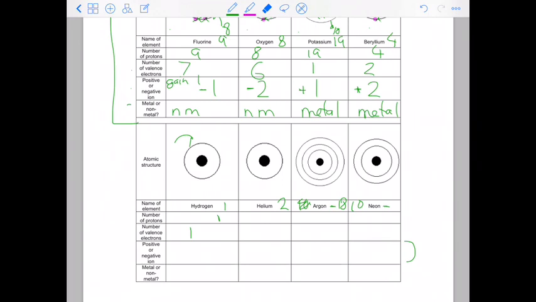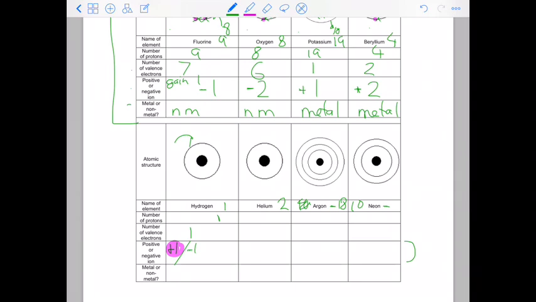So if you said positive 1, that's fine. If you said negative 1, that's also fine. It does tend to form positive 1 ions, so I'd like you to correct that to positive 1 and just use that from now on. But if you said either, that is totally fine.